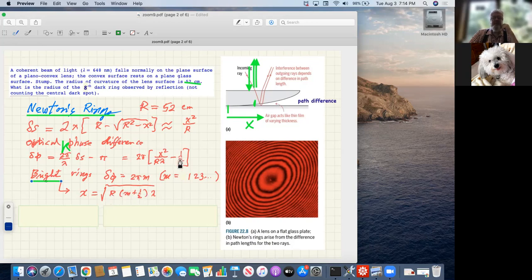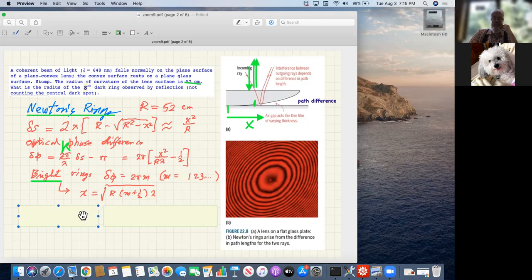The half comes from this extra phase change of 180 degrees times lambda, where lambda is the wavelength. So those are the radii of the bright rings. Now, the problem asks for the dark ring, the 8th dark ring. But you can see from the picture, or from the geometry here, the dark rings are just in between the bright rings.